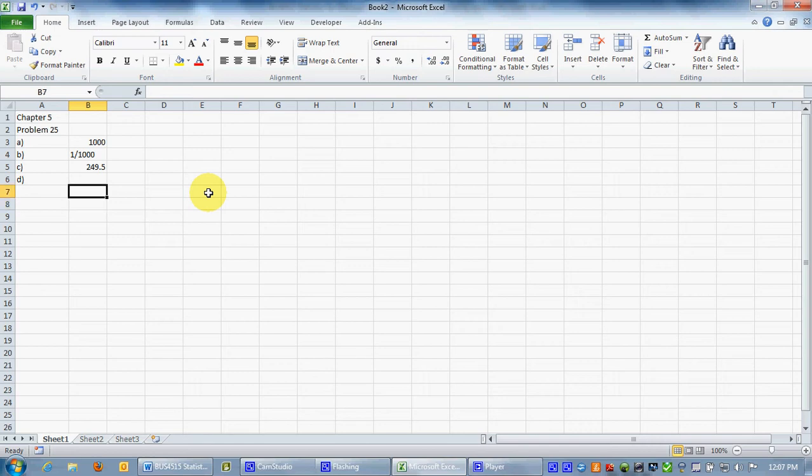We're going to set up several columns here. We're going to have X, probability of X, and X times the probability of X. And what goes where will make a little more sense in just a second.